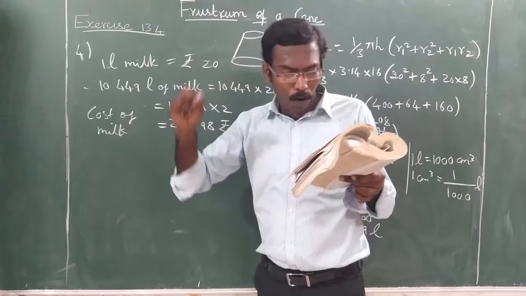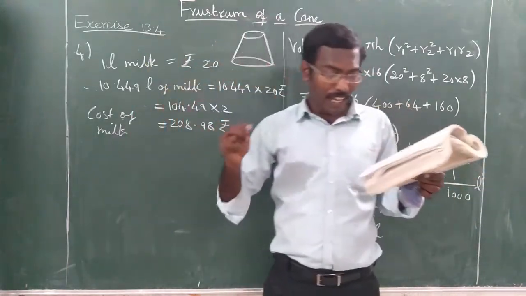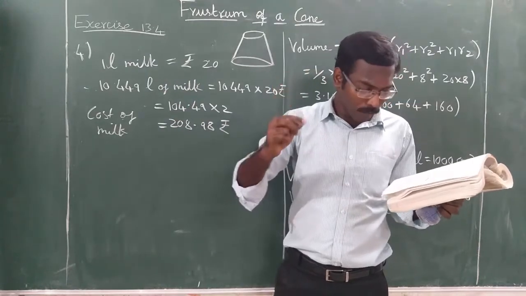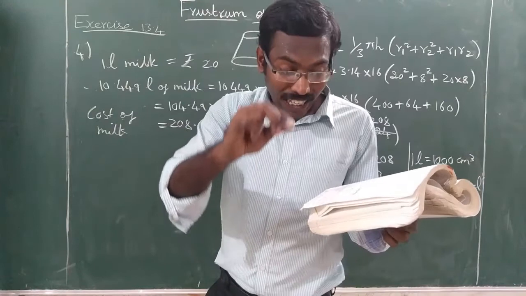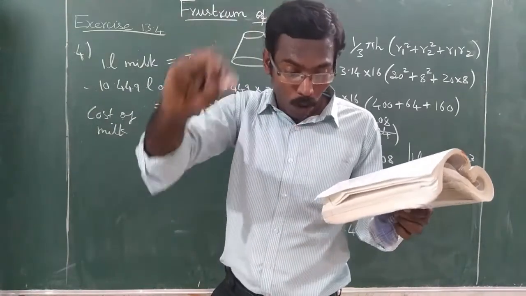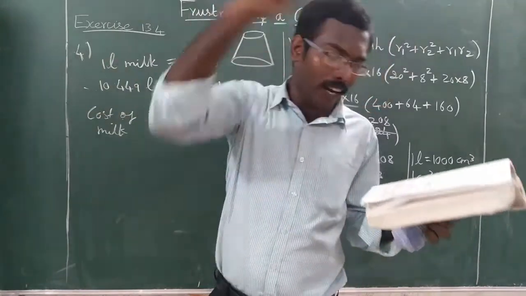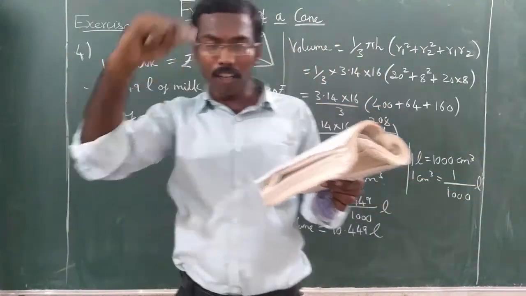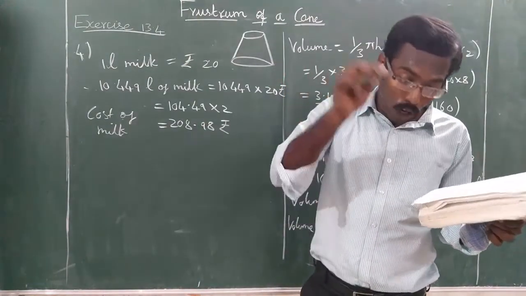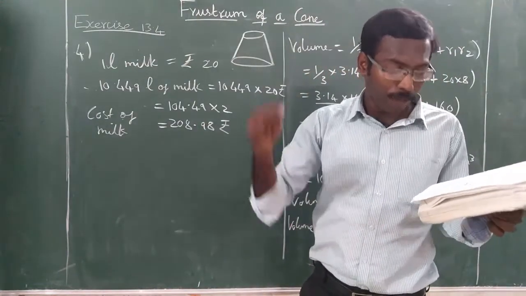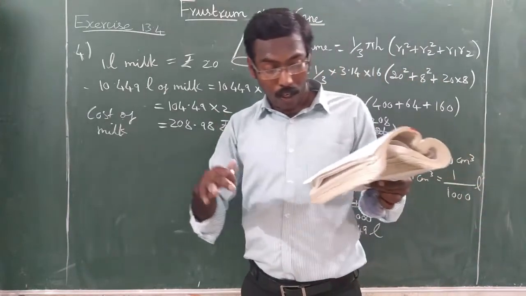The container opened from the top and made up of a metal sheet is in the form of a frustum of a cone of height 16 cm with radius of its lower and upper ends 8 cm and 20 cm respectively. Respectively means lower end is 8 cm, upper end is 20 cm. That is, lower is 8.